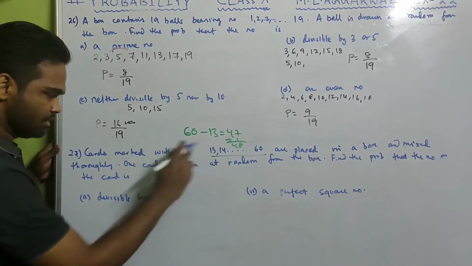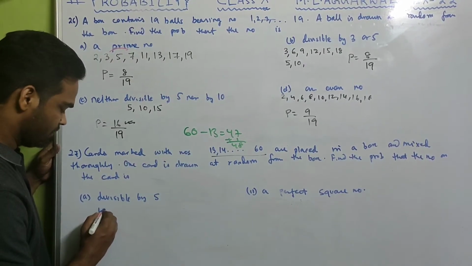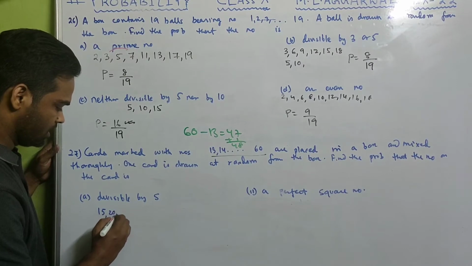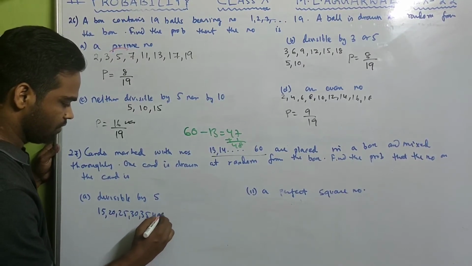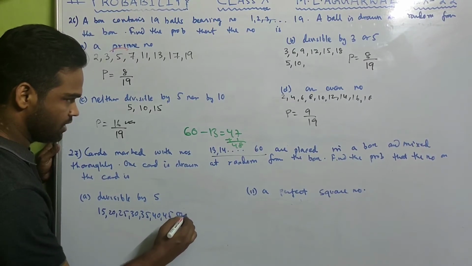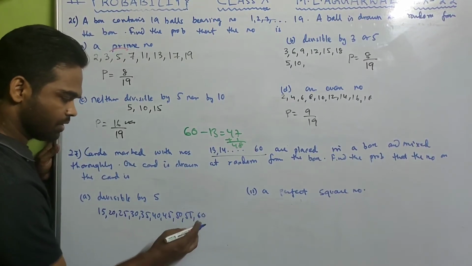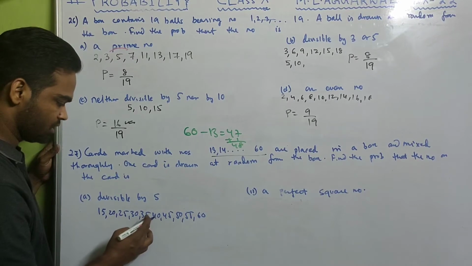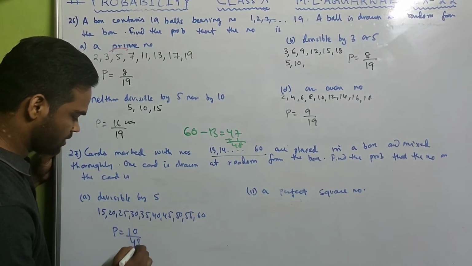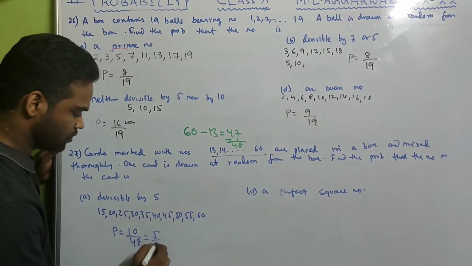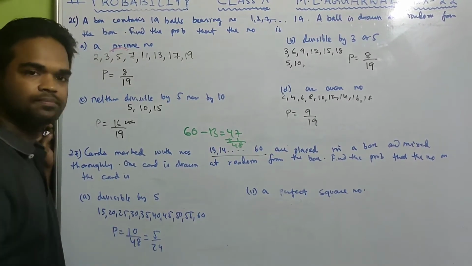Divisible by 5, it has to be 15, 20, 25, 30, 35, 40, 45, 50, 55 and 60 also, which is 1, 2, 3, 4, 5, 6, 7, 8, 9, 10. So there are 10 numbers out of 48. That's 2 fives are 10, 2 twenty-fours are 48, so 5 by 24.